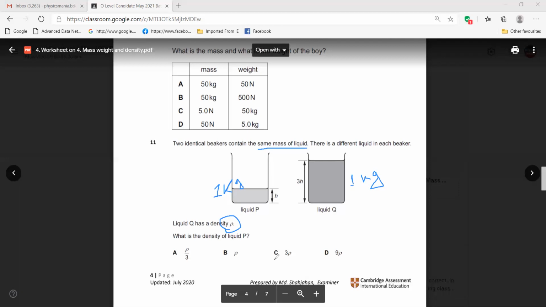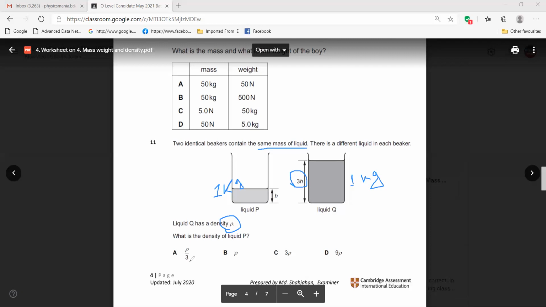It's more likely to be C, okay? Three times the density, because the height is three times. Here the height is three times. From there you got this idea of rho by 3, isn't it? So it's more likely to be three times, not nine times.